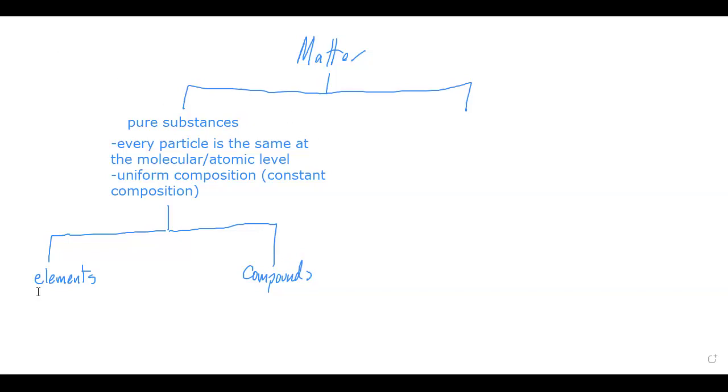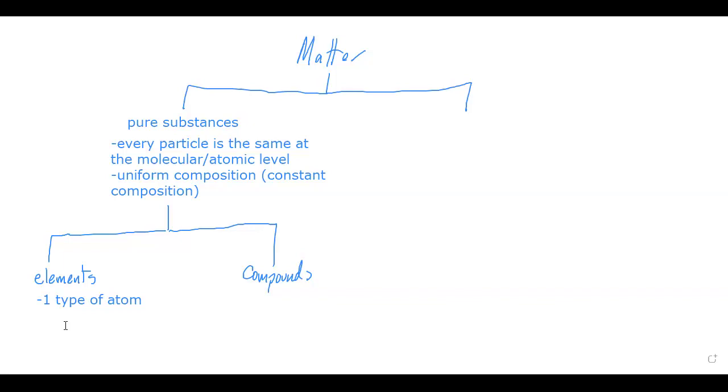The primary difference between these are the number of different types of atoms that are present. For elements, it's simple. We only have one type of atom in an elemental state.